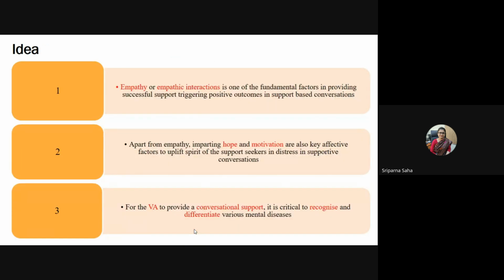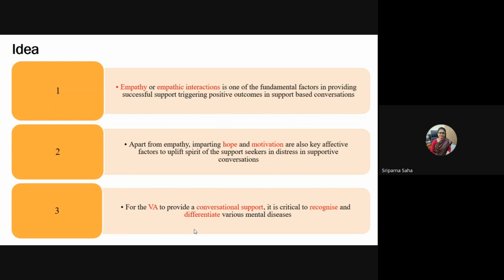We need to develop a virtual assistant which can provide human-like support. Empathy, or empathetic interaction, is one of the fundamental factors in providing successful support, triggering positive outcomes in support-based conversations. Also, whenever the person is suffering from some depression, we need to provide him some hope and motivation. So, apart from empathy, imparting hope and motivation are also key factors to uplift the spirit of support seekers in distress.